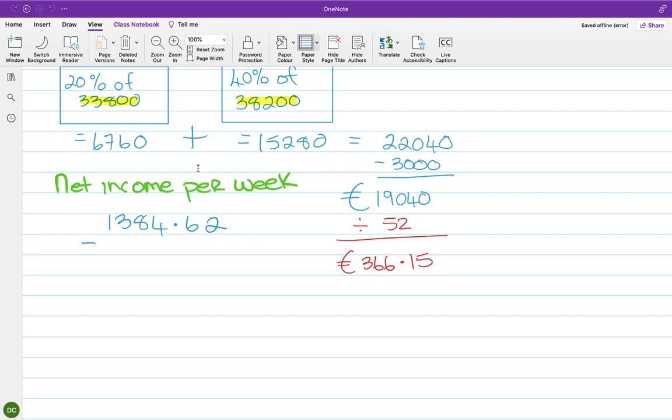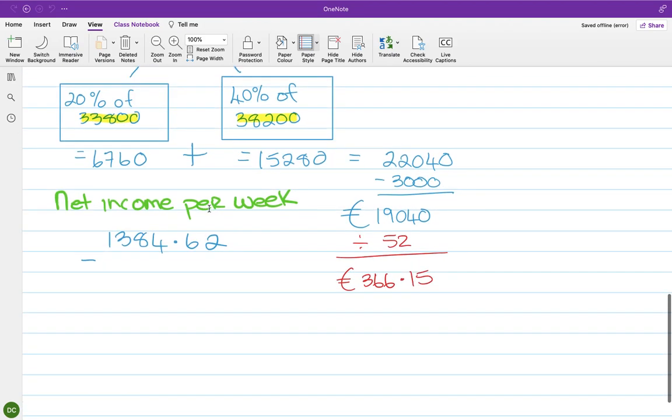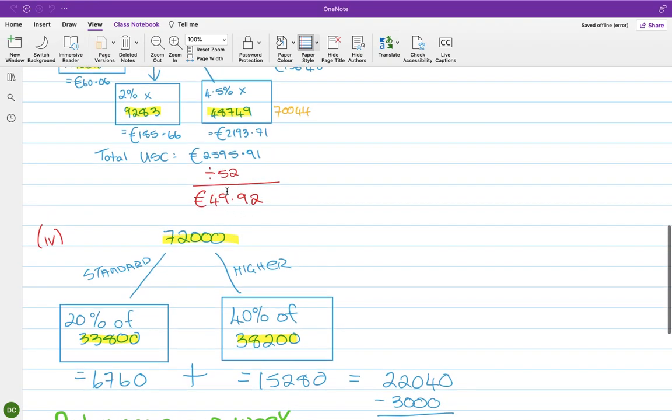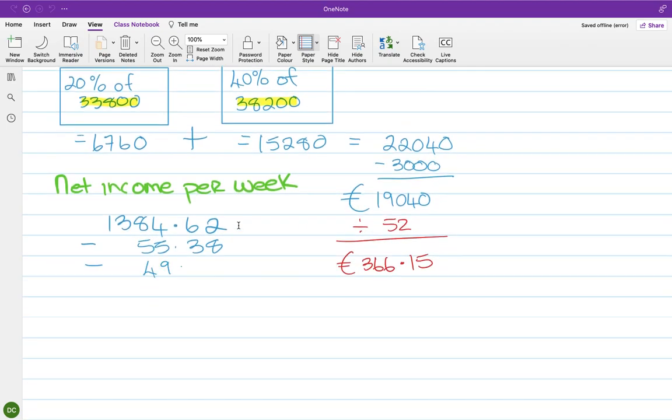We're going to minus his PRSI. Now his PRSI, so 55.38. We're going to minus his USC, which is here, 49.92. And then we're going to minus his income tax, which is 366.15.